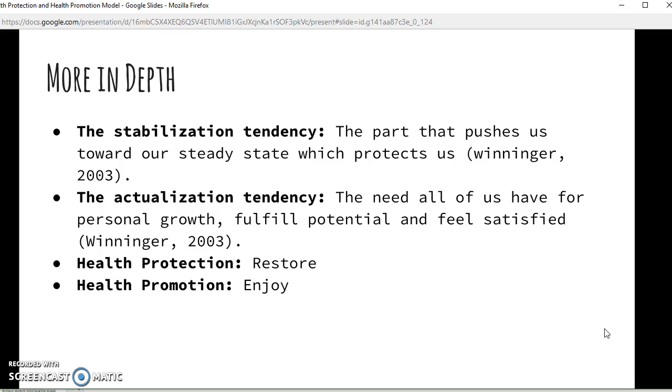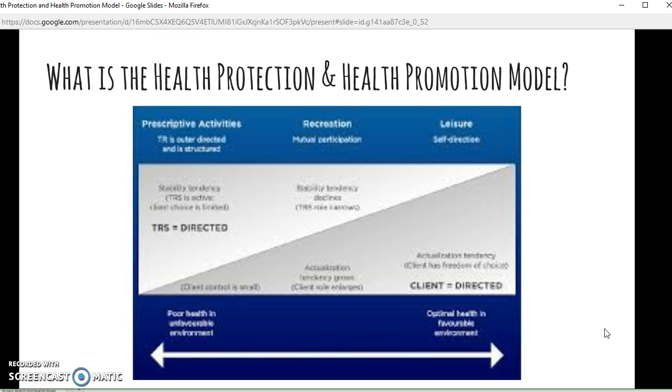And then defining the health protection, health promotion model: health protection is restoring that part that's limiting us, that barrier that is there. And health promotion is just trying to enjoy the life that we have and to gain that optimal experience.